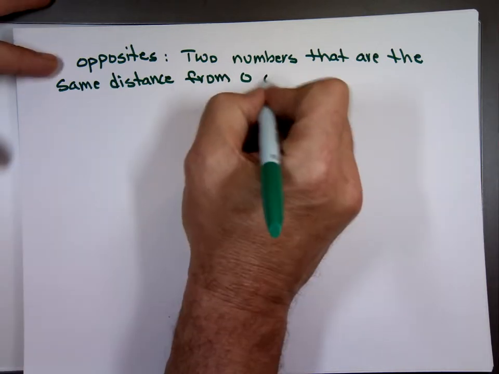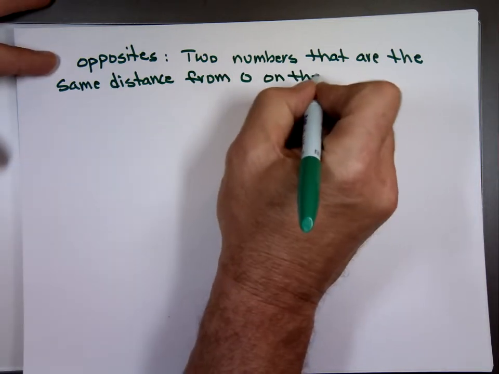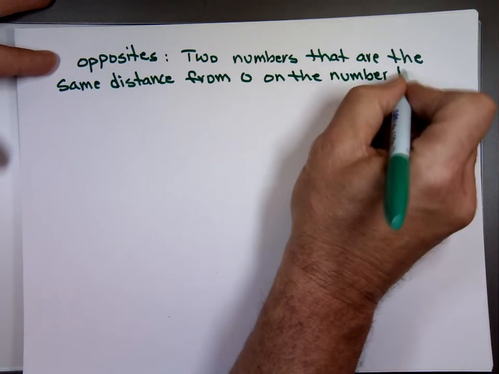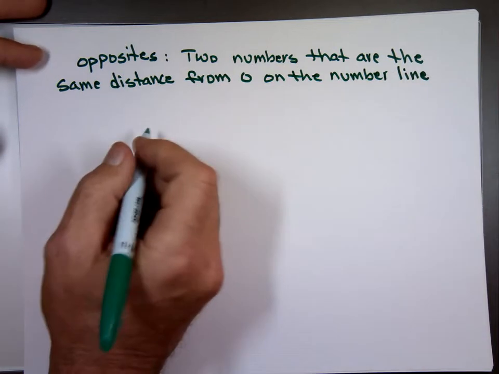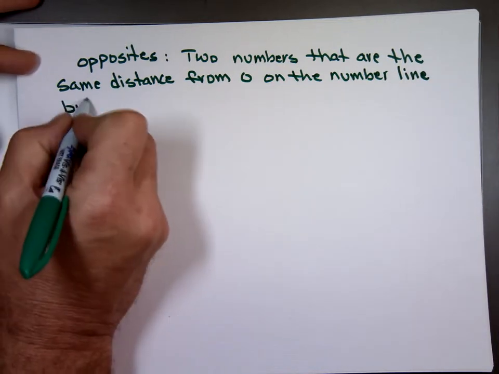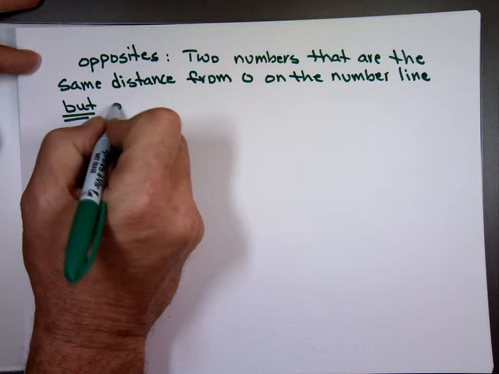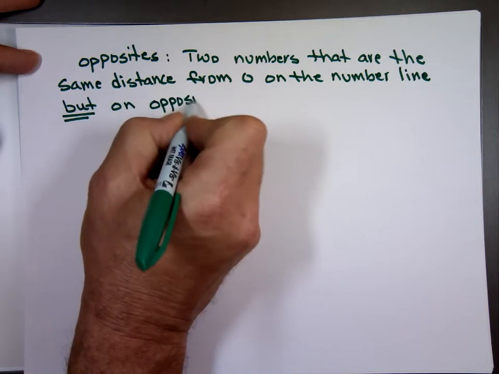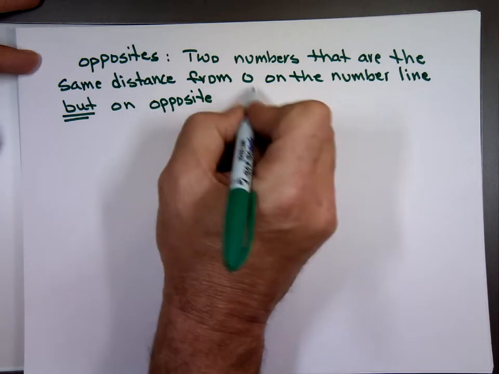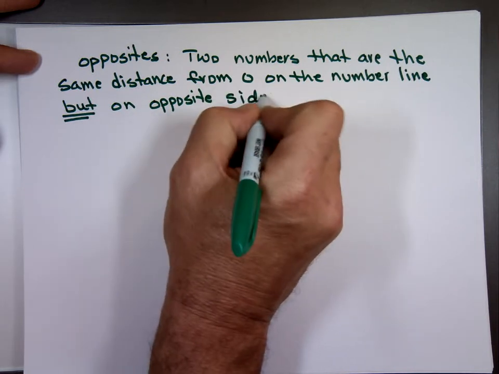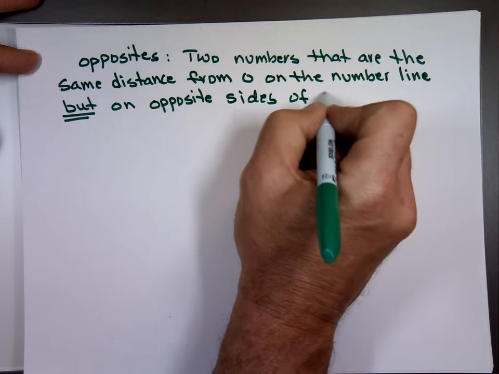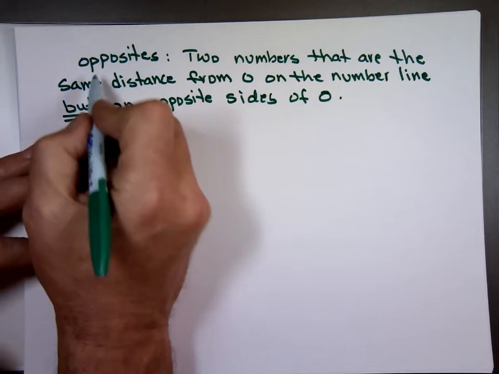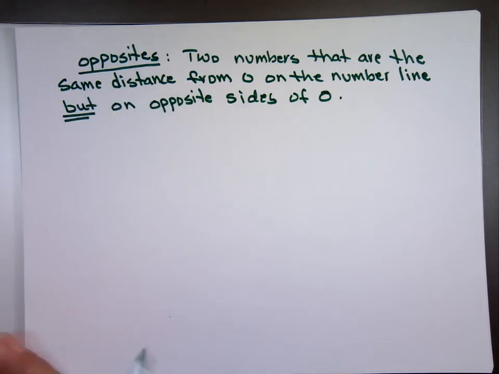From 0, so on the number line, let's be specific. That's the definition, but that's the big but. But what? On opposite sides of 0. That's the definition of opposite. Two numbers.